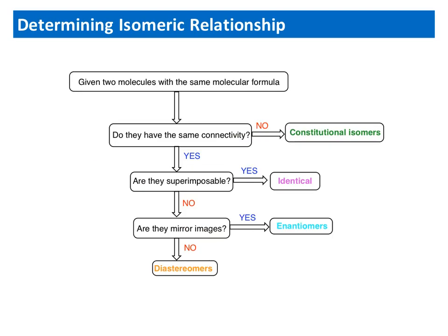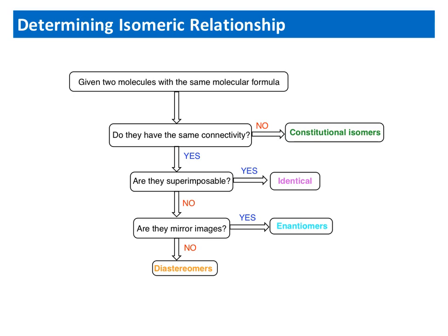This is the flowchart that I designed for you. I believe it's going to be very helpful while assigning the relationships between two different molecules. So given two molecules with the same molecular formula, you need to ask yourself, do they have the same connectivity? If they don't, they are constitutional isomers. If they do, you need to start thinking about stereoisomers.